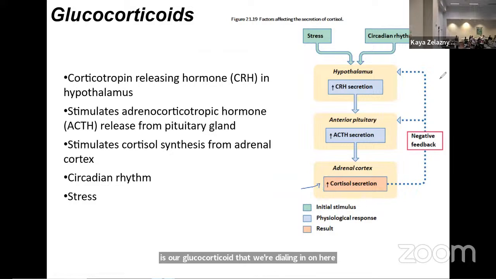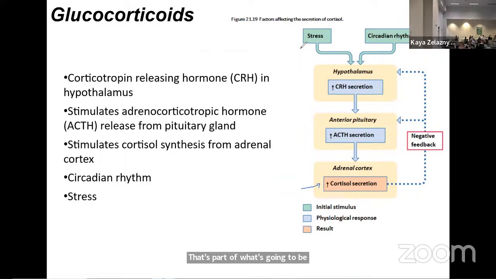And we're going to start up in the brain where we're sensing signals. Right? So we're sensing some stressful situation, some stressful kind of trigger, be it physical, mental, whatever. That's part of what's going to be starting this pathway off.